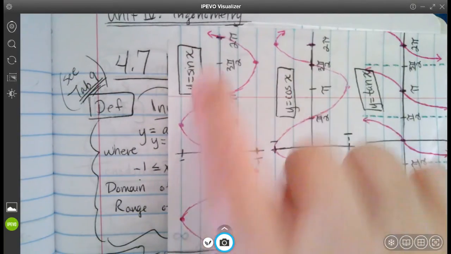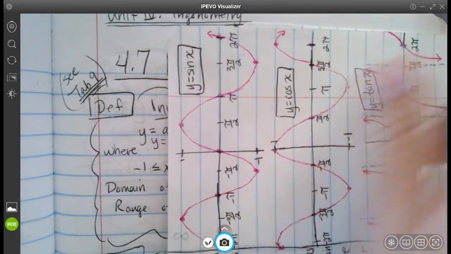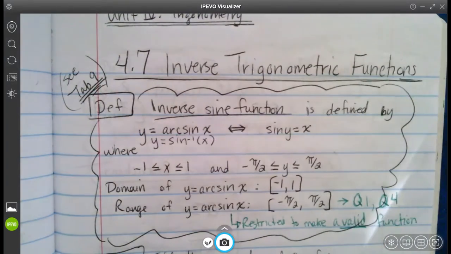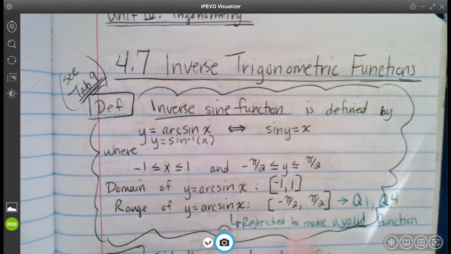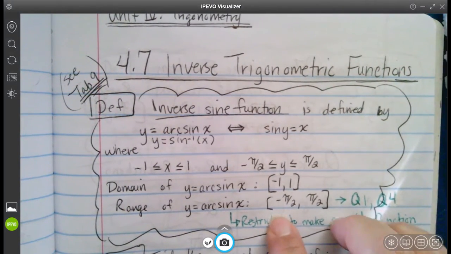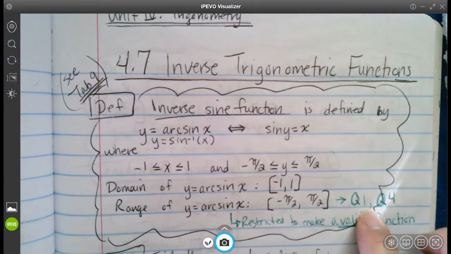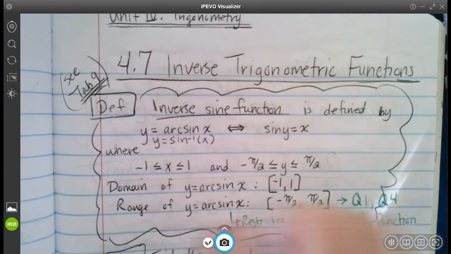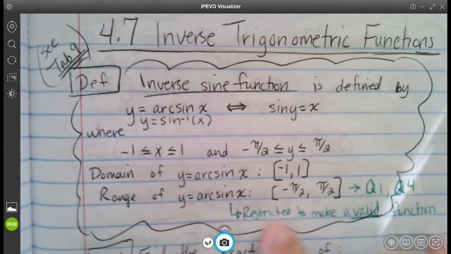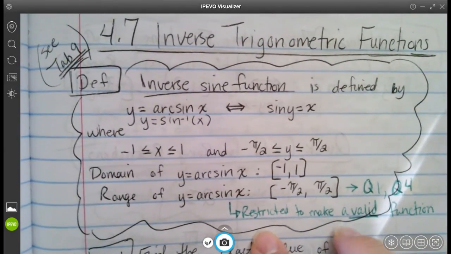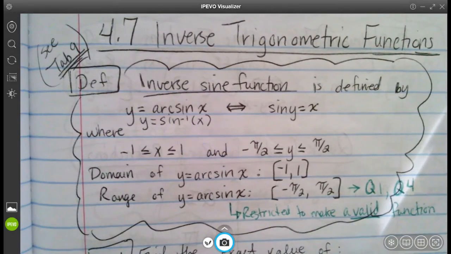It would be some kind of flip where you're going to have some of them repeating. Because of that, we have to restrict it to just this little piece right here, okay? And what ends up happening is we basically are just looking at quadrant 1 and 4 for this function. I did add that last part because it's going to help us with some of the problems. It's restricted to make a valid function, exactly what I just said about our vertical line test.